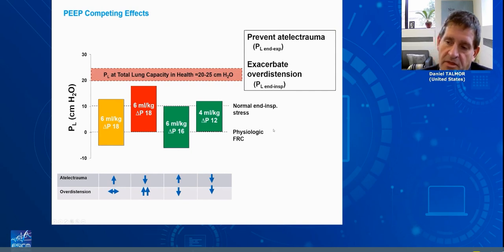So I think our lesson from EP-Vent 2 was it's not enough to influence the PEEP and to keep the patients recruited. We need to pay attention also to the end inspiratory stress. And the way we can do that is by limiting tidal volume as far as possible. And that will likely be our next trial.